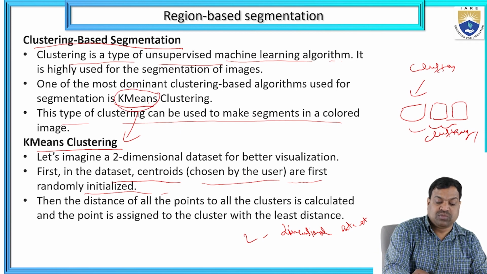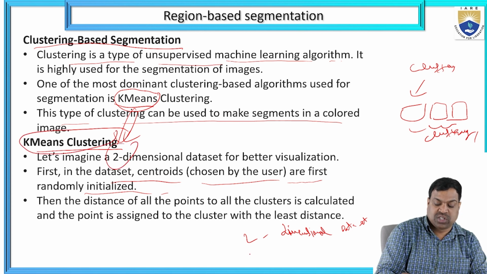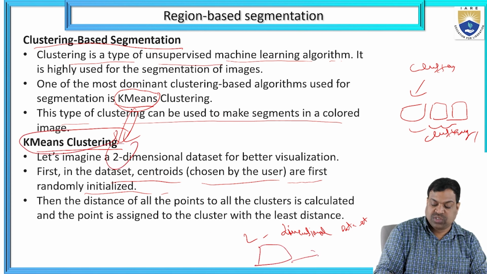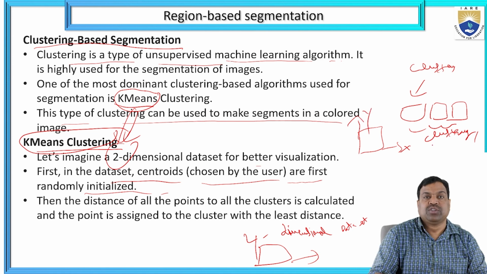In cluster-based segmentation, we are using the k-means algorithm. This k-means clustering works on two-dimensional data, any image with two dimensions. It is a two-dimensional data set for better visualization. The centroids are first randomly initialized, and the distance of all the points to all the clusters is calculated.